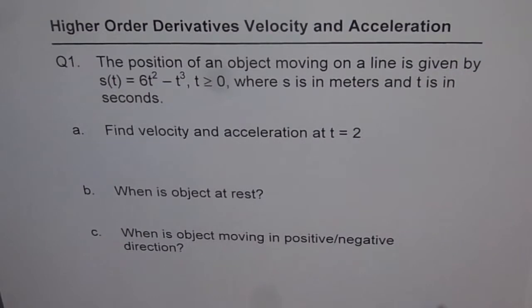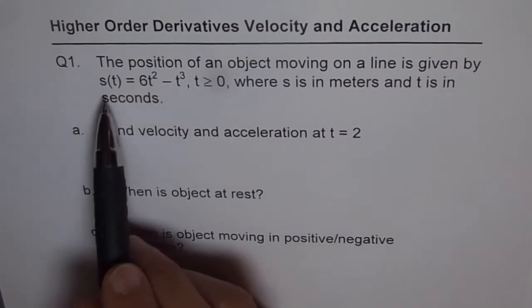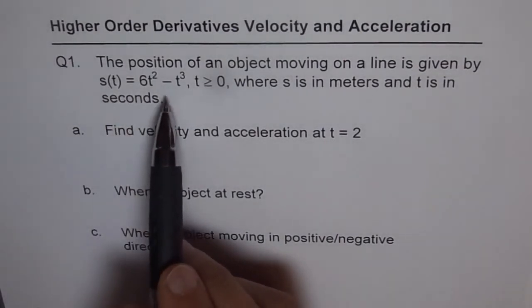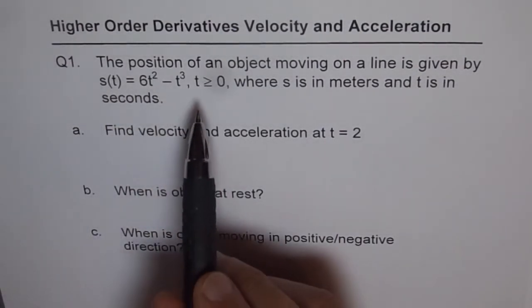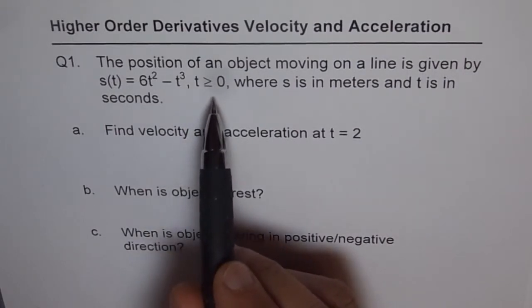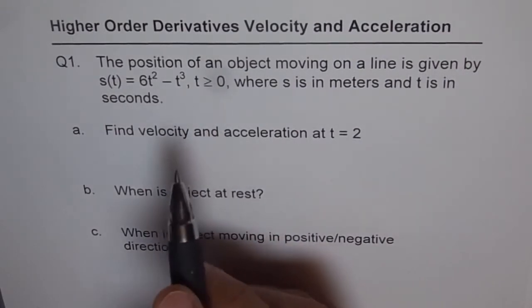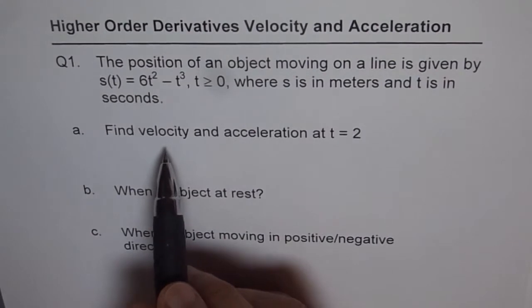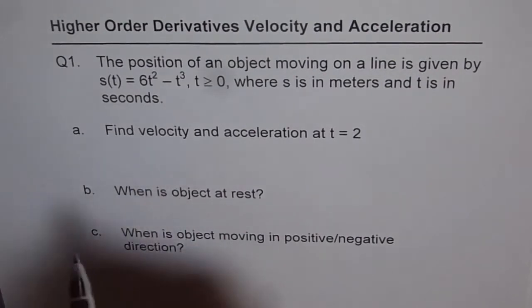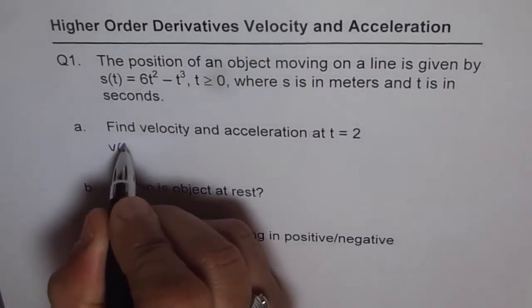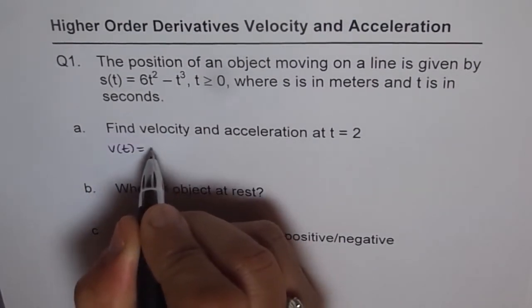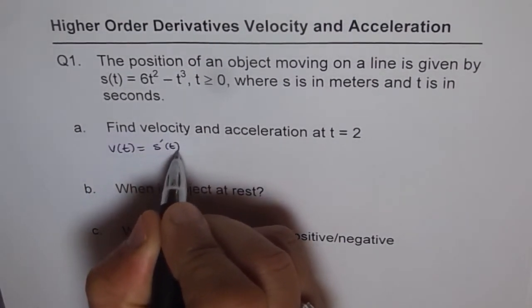Now let's understand this concept. So we know displacement is given to us, which is s of t equals 6t squared minus t cubed, and t will normally be considered greater than or equal to 0 as mentioned here. Now velocity is the rate of change of displacement.